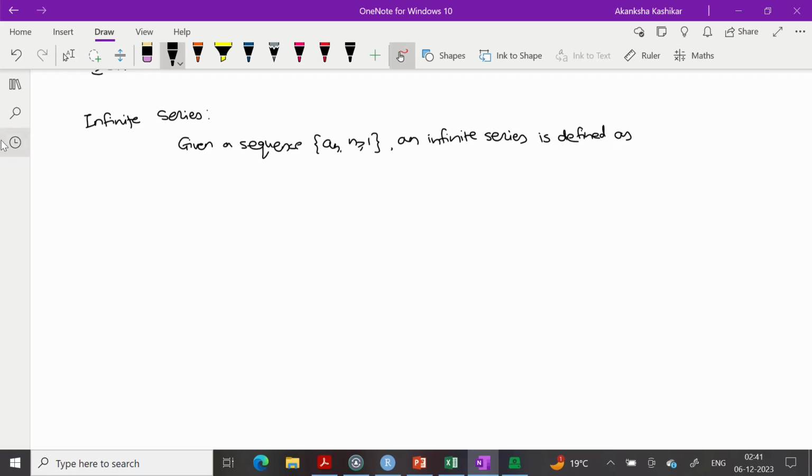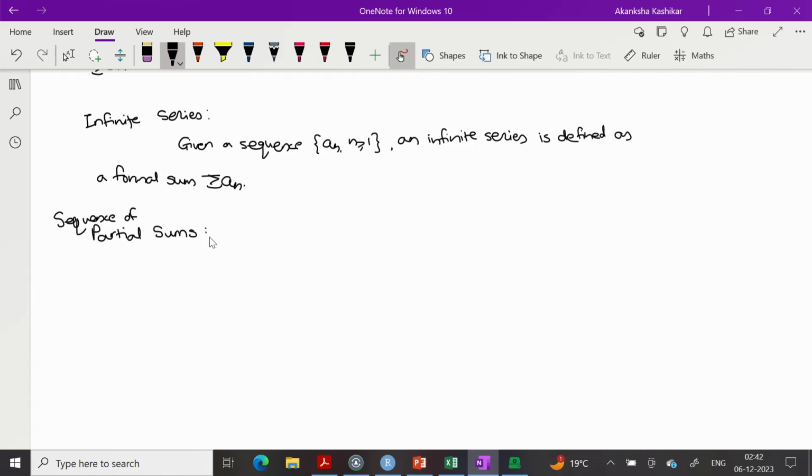An infinite series is defined as a formal sum, summation a_n. But we saw just now that this cannot simply be defined as taking an actual sum. Hence we introduced one more term called partial sums. Or to be more precise, we need to talk about a sequence of partial sums.